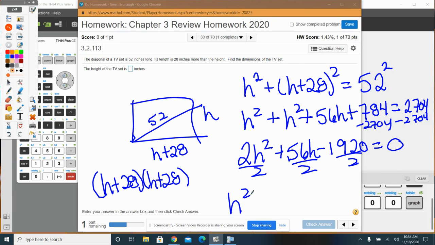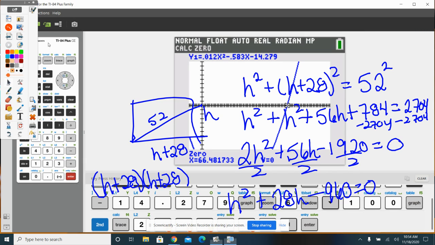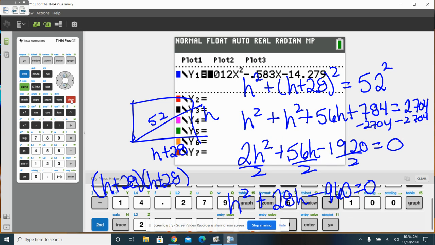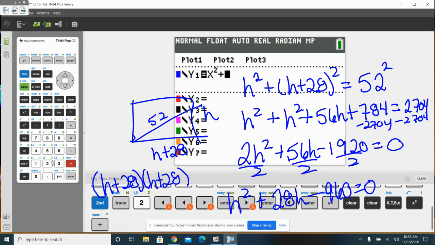And I get h squared plus 56 divided by 2 is 28h, minus 1920 divided by 2 is 960. You can either graph it or you could do quadratic formula. Let's go ahead and graph it. y equals x squared plus 28x minus 960.